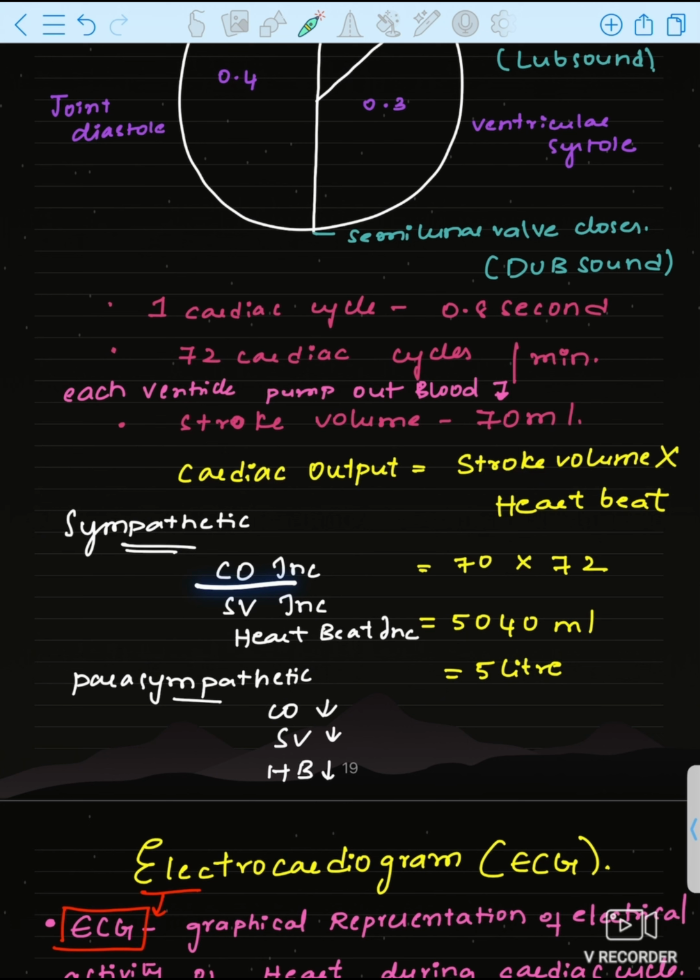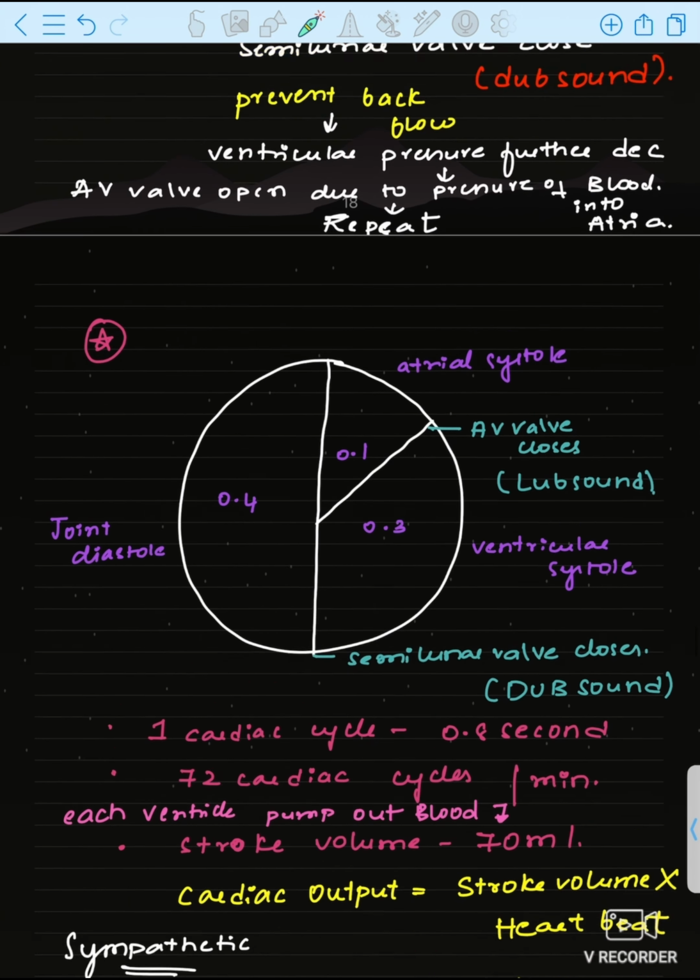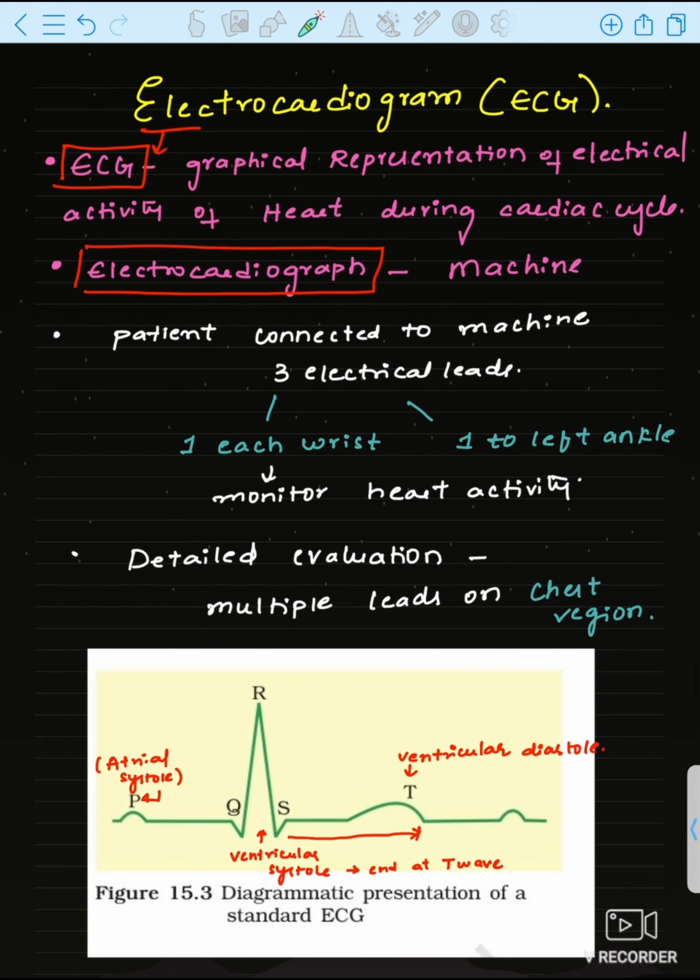Cardiac output will increase, stroke volume will increase, heartbeat also will increase. In this formula only these three things are there. In sympathetic these three will increase. In parasympathetic, cardiac output decreases, stroke volume decreases and heartbeat decreases. This is all about the cardiac cycle.